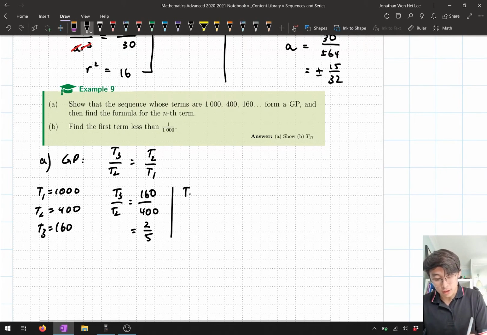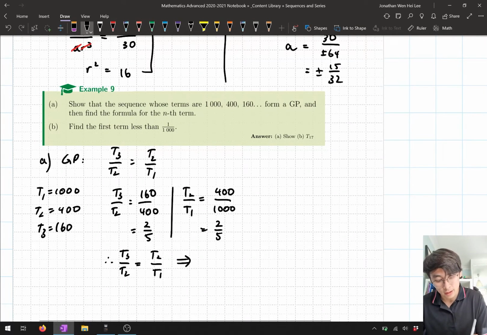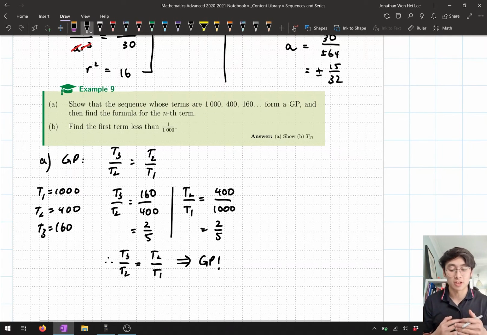And then I'm also going to check T2 over T1, which is 400 over 1,000, which also simplifies to 2 over 5. So therefore, T3 over T2 is equal to T2 over T1, and that means that we've got a GP. So here we had to use that common ratio fact for proving geometric progressions. If I divide two consecutive terms and the ratios are equal, that means we've got a geometric progression.